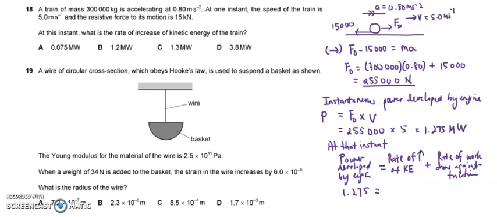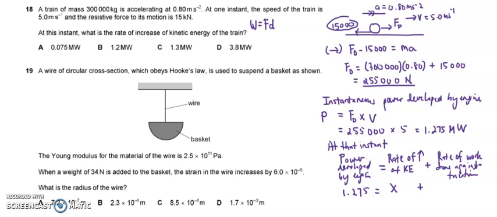If I call the rate of increase of kinetic energy x, and the rate of work done against the friction, we know the work done is force multiplied by distance moved.